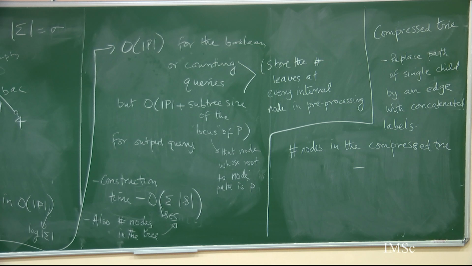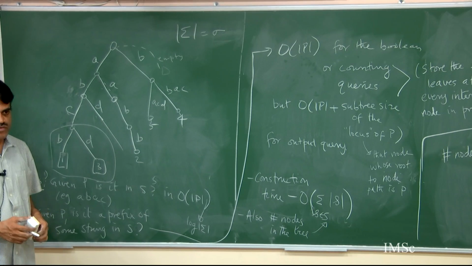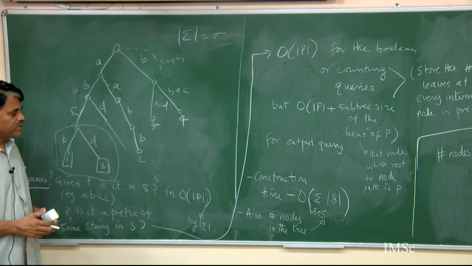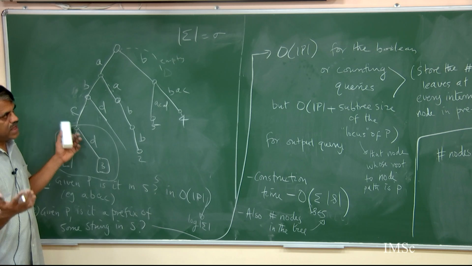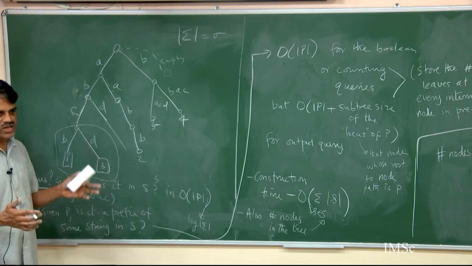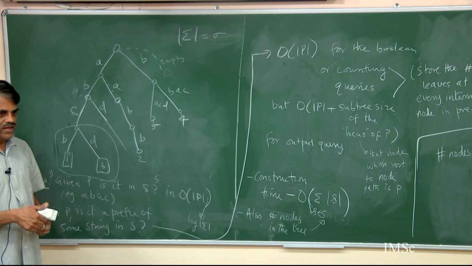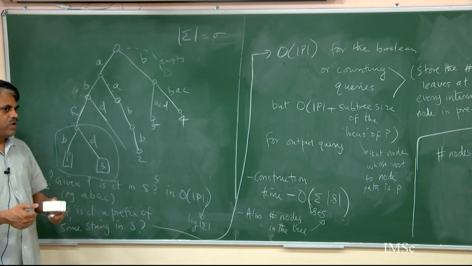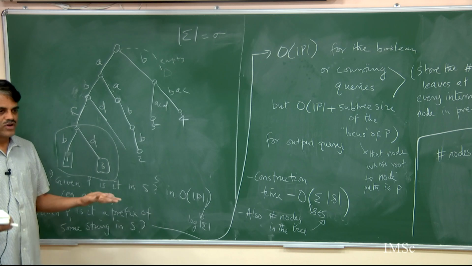Earlier, it was the sum of all lengths of the strings, that was the initial number of nodes. But now I claim it has become much smaller. How many leaves are there? Yeah, if the set has n strings, number of leaves is n. What can you say about a tree with n leaves, where every node has degree at least 3, every node except the leaves?